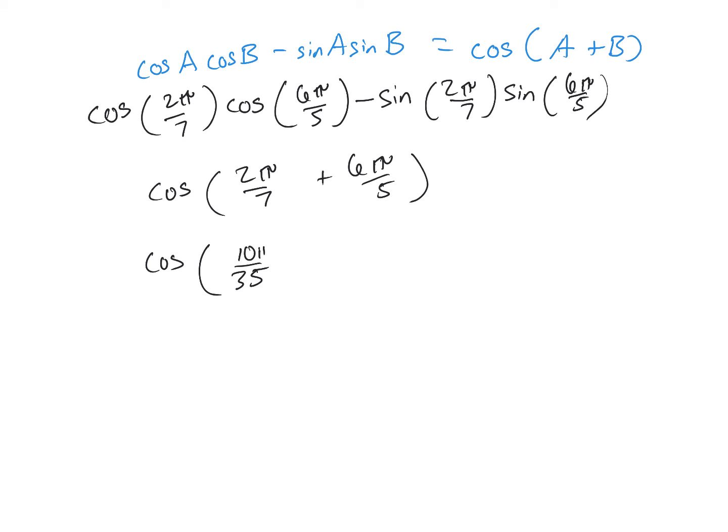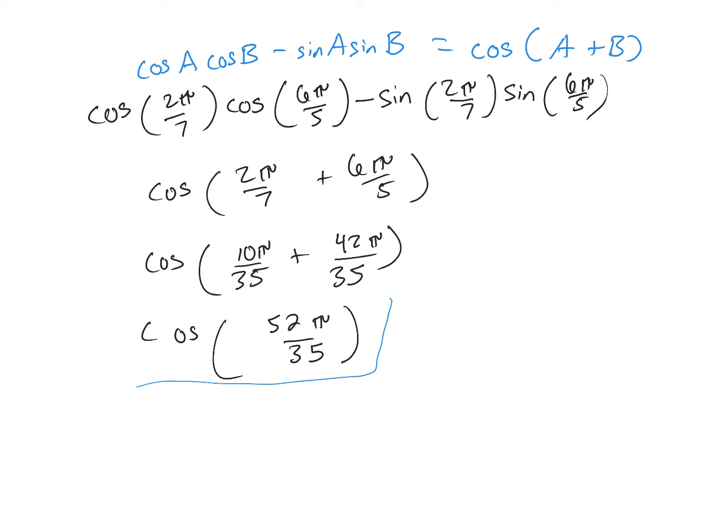So 10 pi over 35 plus 42 pi over 35, which is 52 pi over 35. So that is cosine of 52 pi over 35. And that is the most simplified form that we can work with right there.